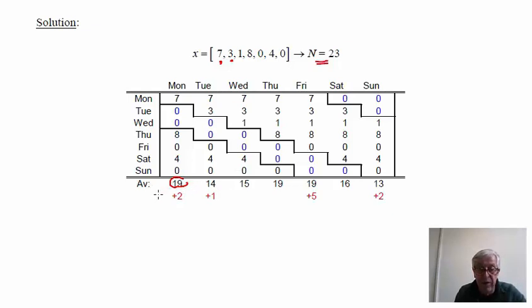For example, on Monday we require at least 17, so we have an excess of 2 here on Monday. On Tuesday we have 1 more. Here there is exactly the number of people required. On Friday we have 5 more than necessary, and Saturday it's exactly, and on Sunday we have 2 more than necessary.